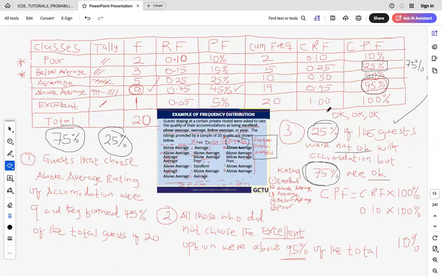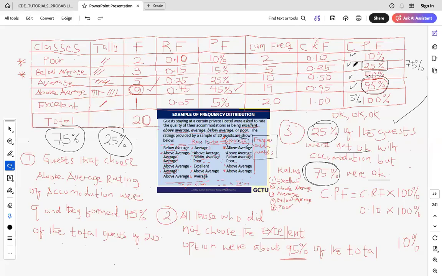No, it's coming from the top. The excellent here. You see, when you keep adding from the top, then you come and get 100. So from the top, 1, 2, 3, 4 are forming the 95. So it means that when you take it from 100, this will form only 5% when it's standing alone.